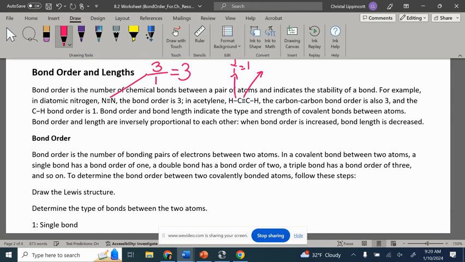The bond order for this carbon-carbon bond, you've got 3 bonds in 1 bond site. So it is 3. Okay. And then the hydrogen would be the same as the previous hydrogen.